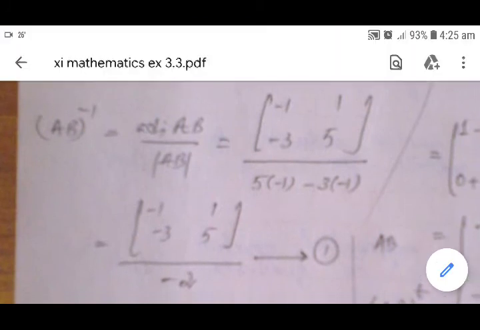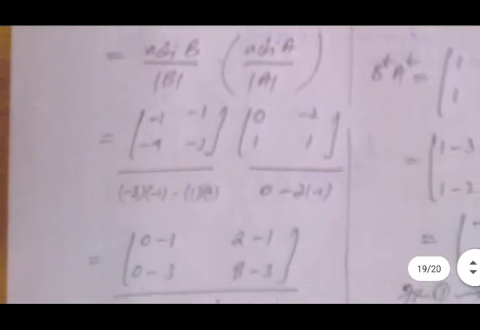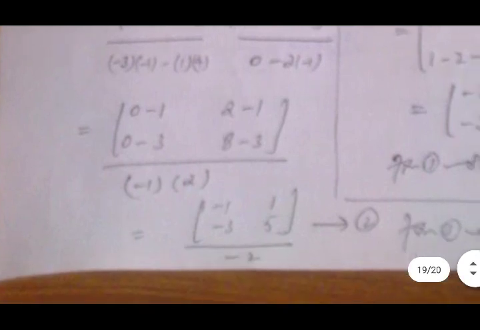In the principal diagonal, we replace their values, 5 and minus 1 by minus 1 and 5, and in the other diagonal we change their signs, and then the determinant. Then we find B inverse, A inverse, and we multiply these values, and this is equal to the right hand side, and left hand side and right hand side are equal.